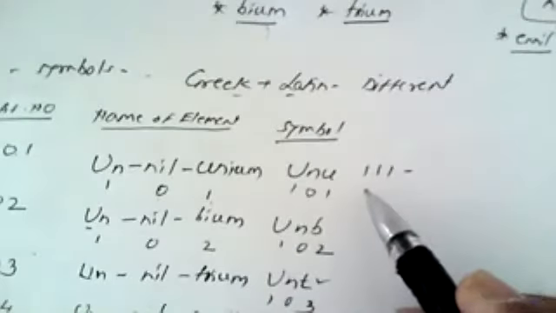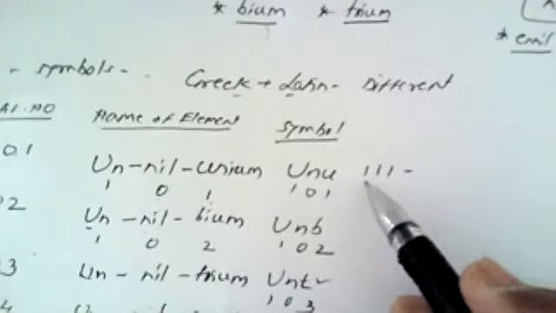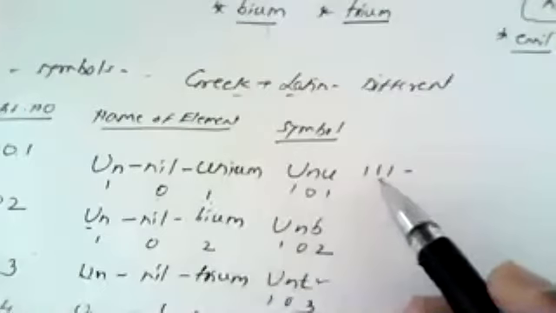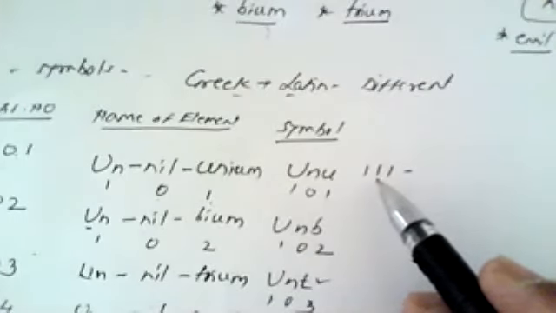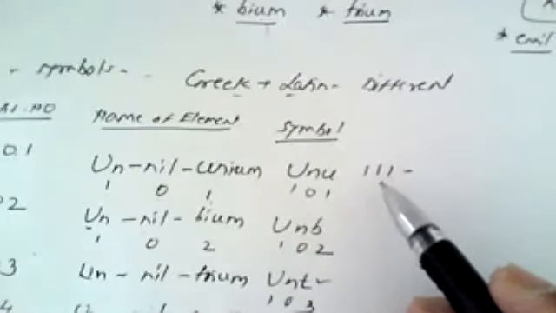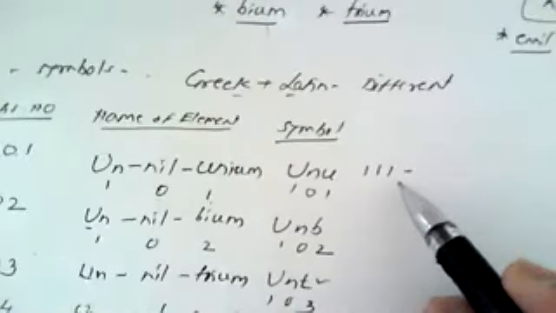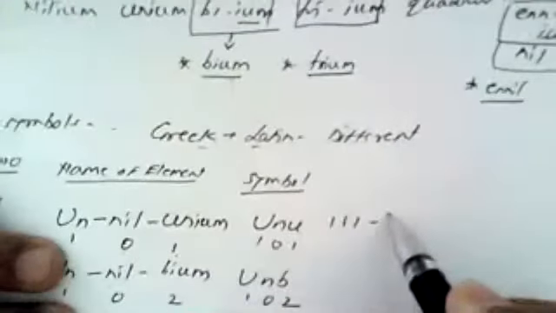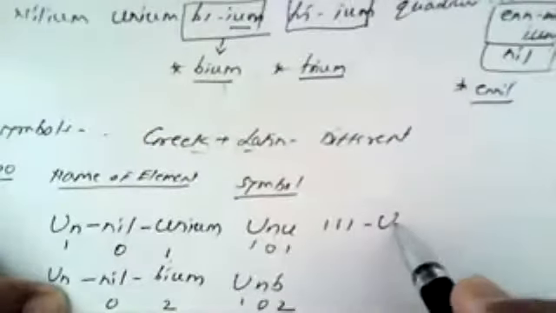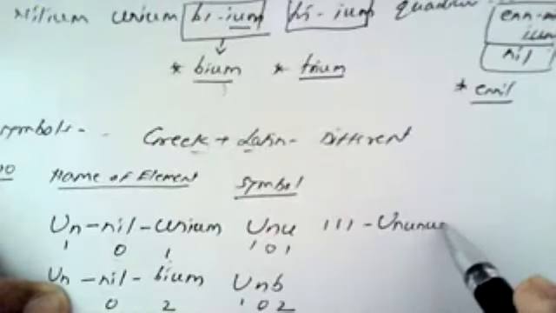For digit 1, we have to write un. For digit 1, again un. One more digit 1 is there, so again un, and that ends with ium. So we have to write this as unium.